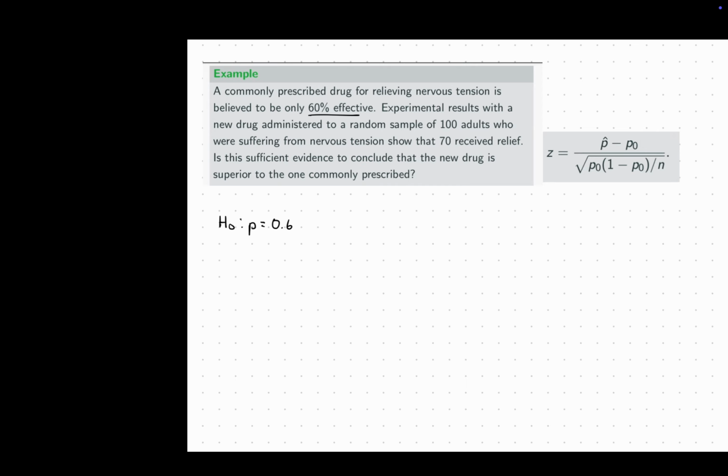And then our alternate hypothesis is going to be that p is greater than 0.6. This is because we're trying to find out if the new drug is better than 60% effectiveness, and that's why we want greater than 0.6 instead of not equal to or less than.